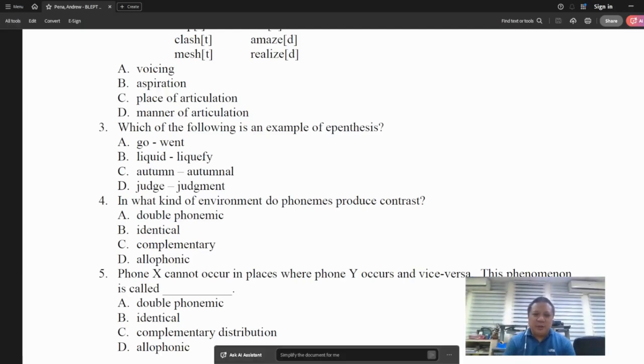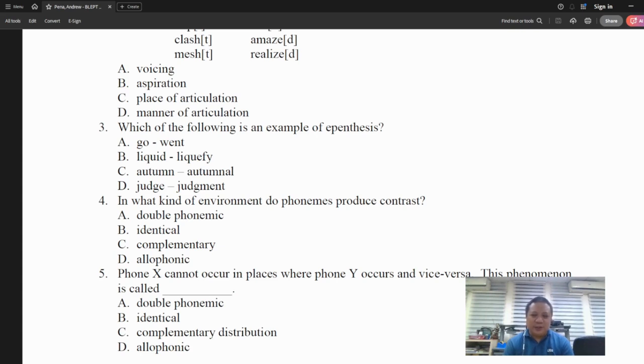Number three, which of the following is an example of epenthesis? A, go and went. B, liquid, liquefy. C, autumn, autumnal. D, judge, judgment. Epenthesis means adding a sound in phonology. So in D, judge, judgment, there's no sound that's added.